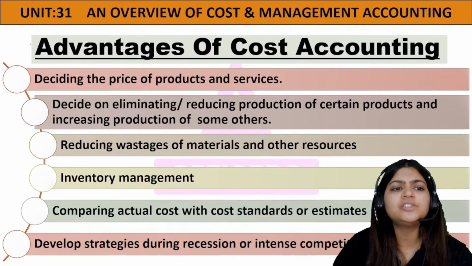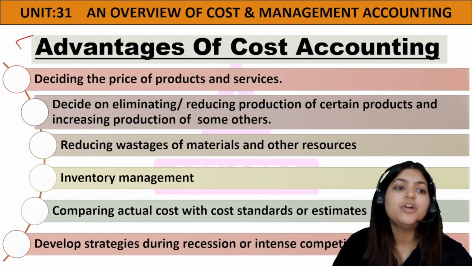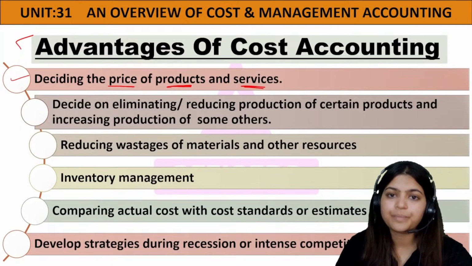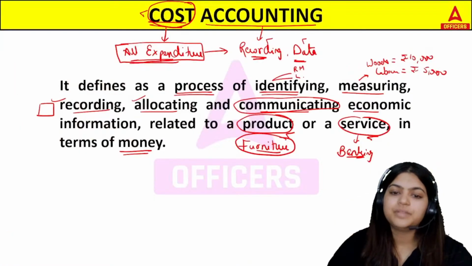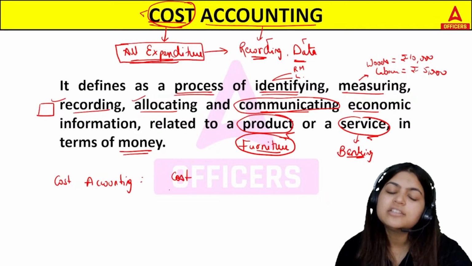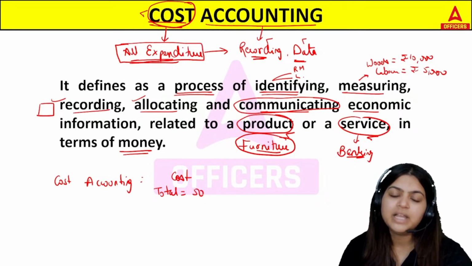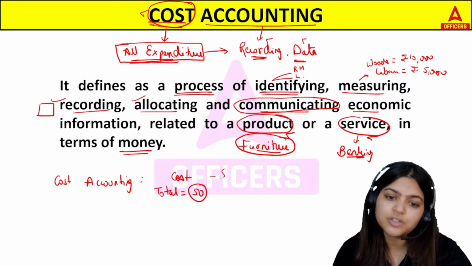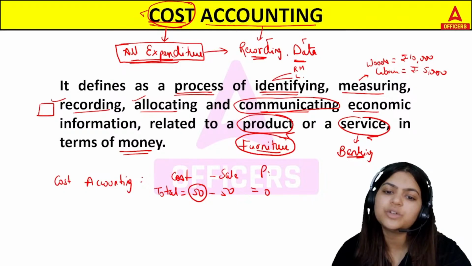Now, let's talk about advantages. First, deciding the price of products and services. Here, when we are doing cost accounting, it means we are identifying all cost. Suppose your total cost incurred is rupees 50. Now, can you sell your product at 50? Can you say your selling price is also 50? The answer is no. Otherwise, you are not going to earn any profit.